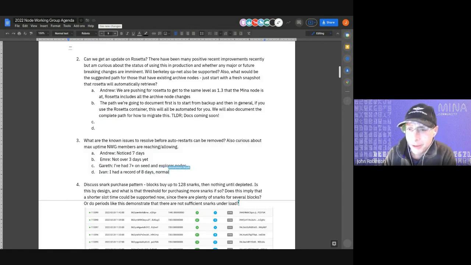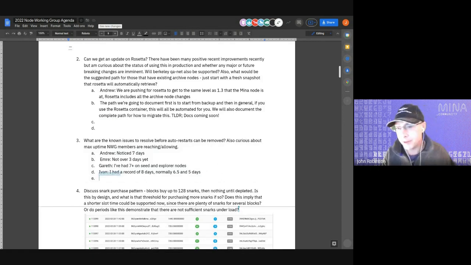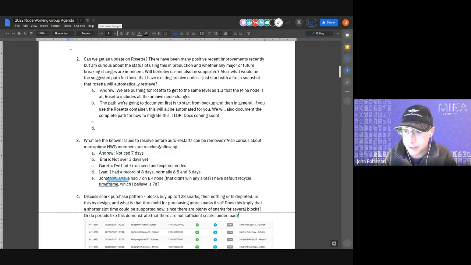Oh, great. Garrett said he's had over 7 days on the seed and explorer nodes, and Jonathan's had 7 on the block producer node, although he didn't win any slots, unfortunately. And he also has the default recycled time frame, which is 7 days.